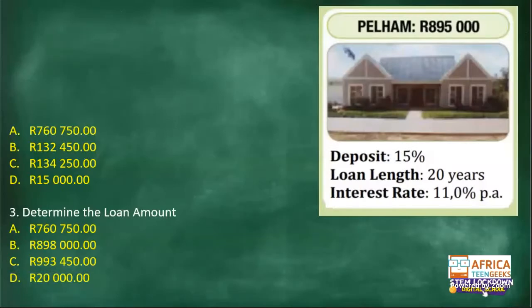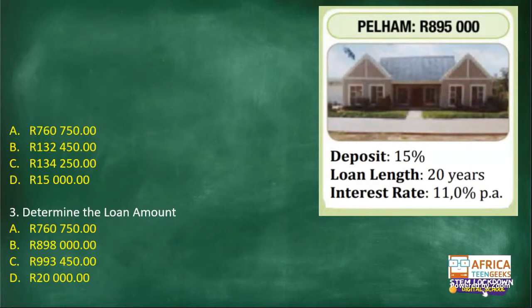I do hope that it is clear the deposit amount that we are talking about here, which gave rise to the fact that once you subtract the amount of the deposit from the original amount, then you get 760,750. And of course, as I've just said, this is the money that is to be paid over a period of 20 years at 11% per annum.